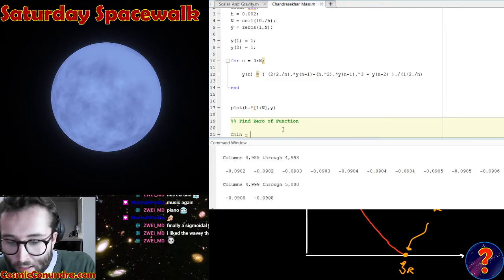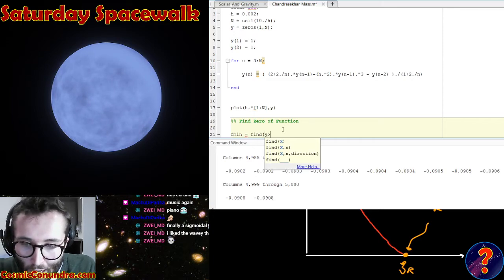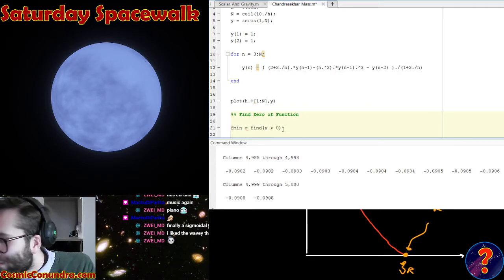So that's what I'm going to do. So f min, what I can do to find that is I will search for y is greater than 0, okay?